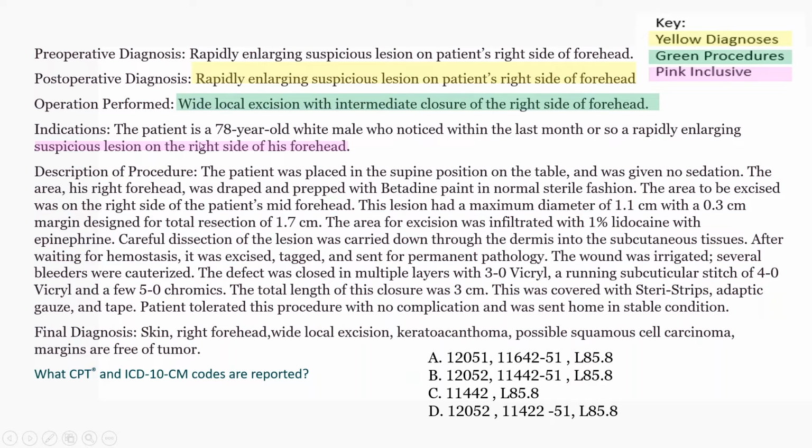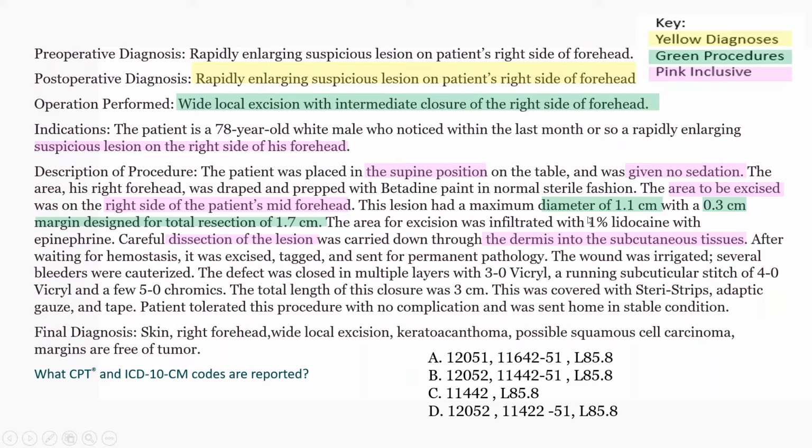Suspicious lesion on the right side of forehead is the indication. The patient was placed in a supine position. No sedation was given. The area to be excised was on the right side of the patient's mid forehead. The diameter of the excision is 1.1 centimeter with a 0.3 centimeter margin, designed for total resection of 1.7 centimeter.